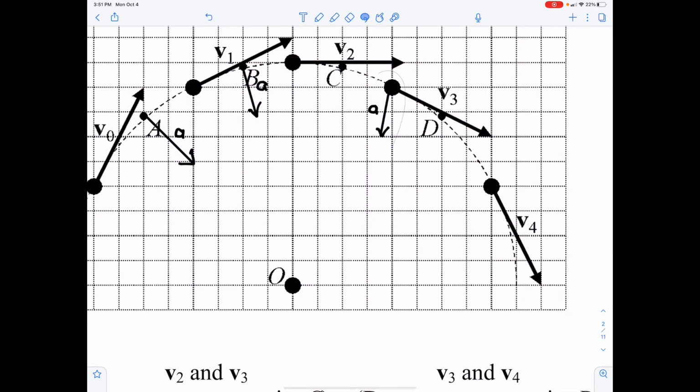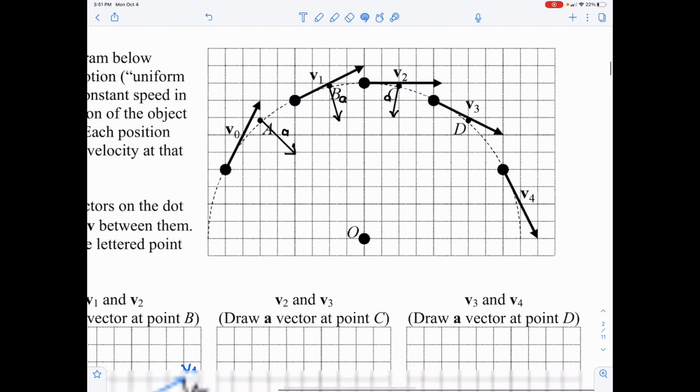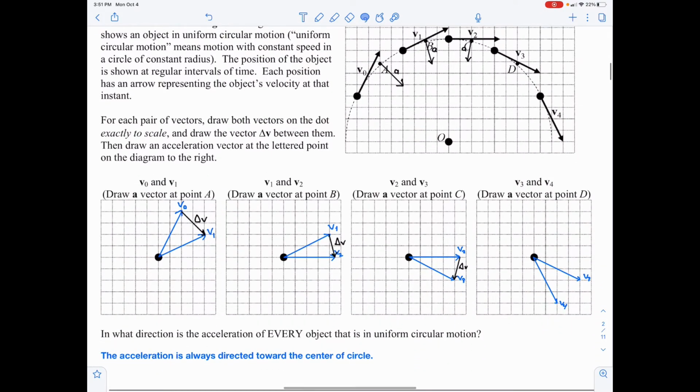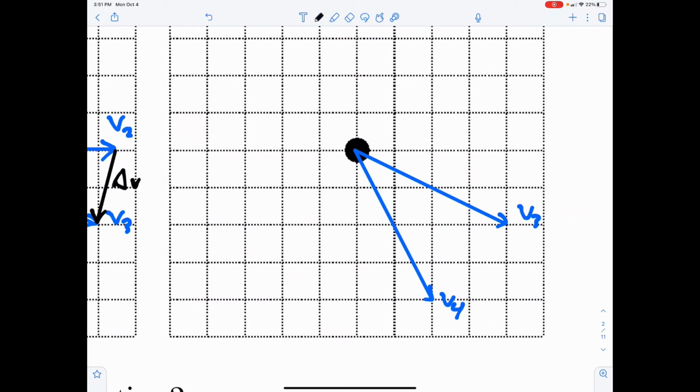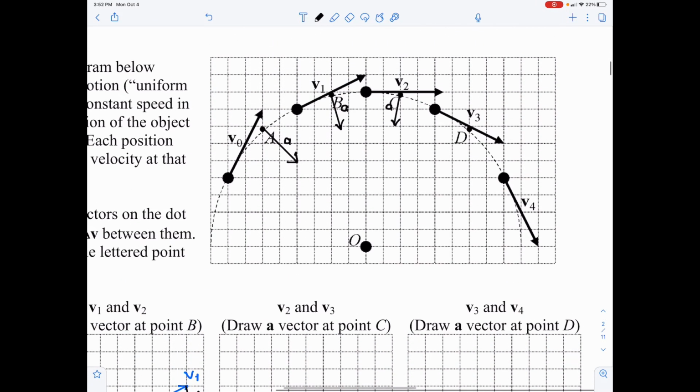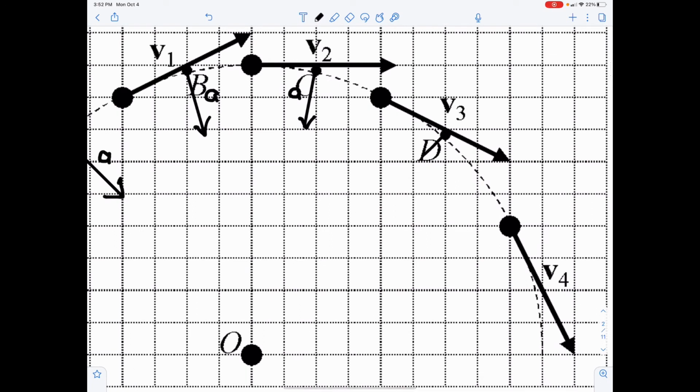That would be at point C. And then lastly, at point D, this one's an easy one. You're going 2 units to the left, 2 units down. Just going directly this way.